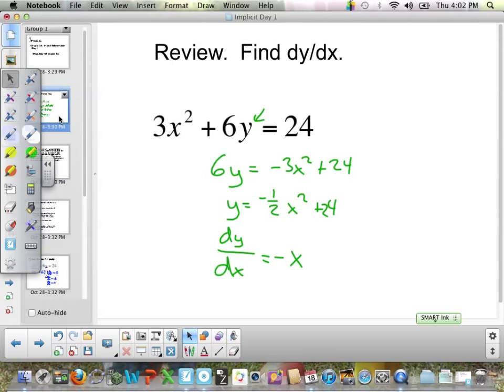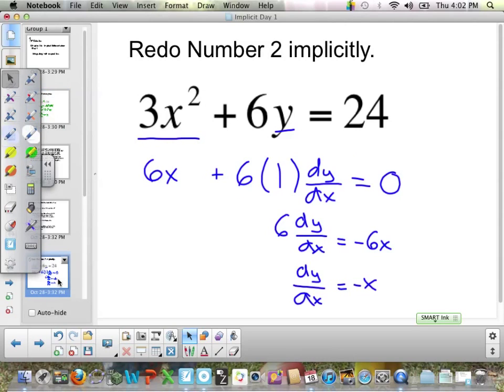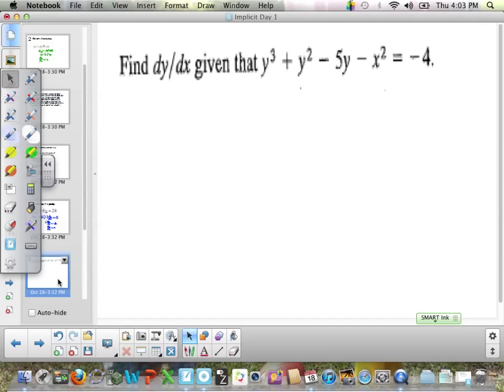In this instance, that probably didn't make it much of a shortcut. However, in the next couple problems, you'll see why it's easier to leave it implied that there's an x inside the y. So let's look at this problem.